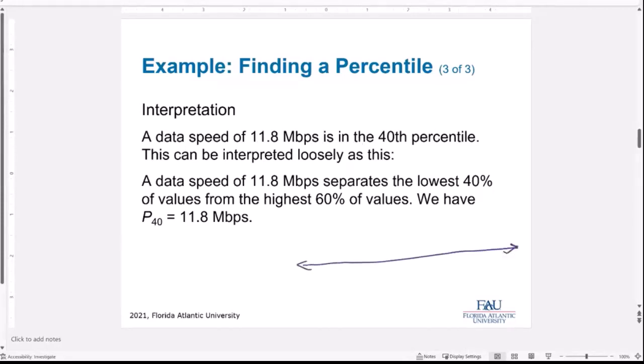If I have 11.8 megabits per second, and I know it's in the 40th percentile, what it means is that 40% of my data is below that number, and 100 minus 40%, which is 60%, fall above it. That number is what's separating the lowest 40% from the highest 60%.